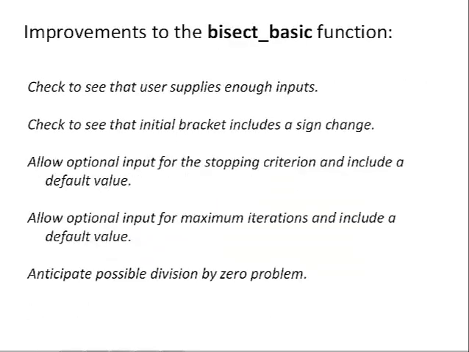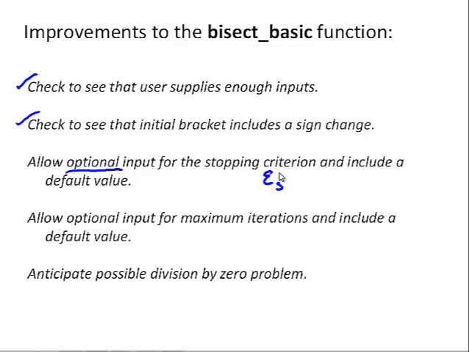So we're going to revisit the bisect basic function that we previously developed and make the following improvements. We will check to see that the user supplies enough inputs for the function to work. We'll also check to see that the initial bracket includes a sign change. We'll allow an optional input for the stopping criterion, remember that's epsilon s, but we'll include a default value.